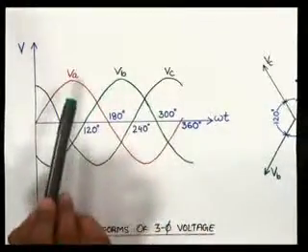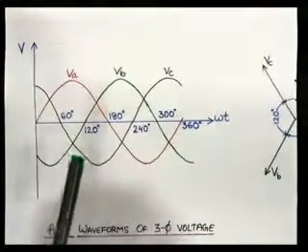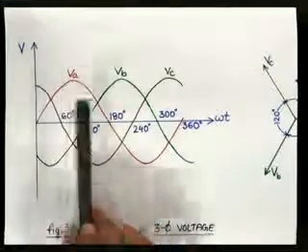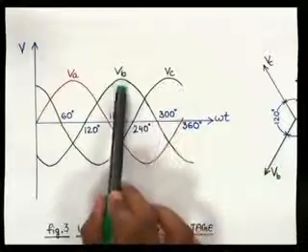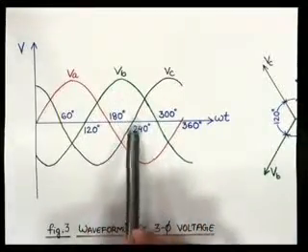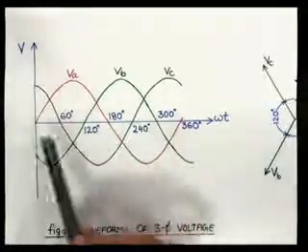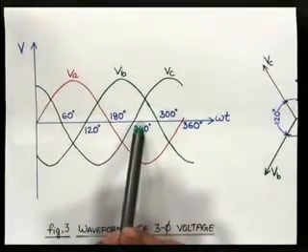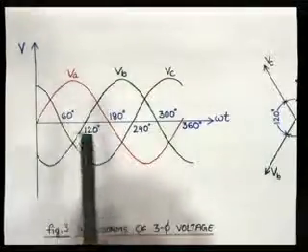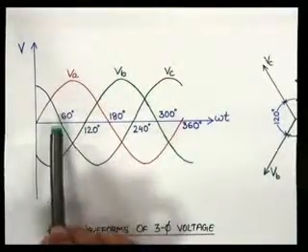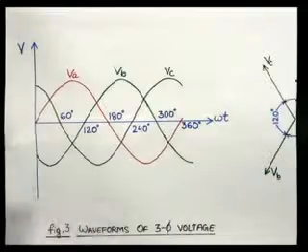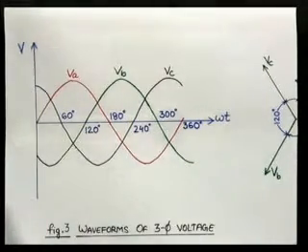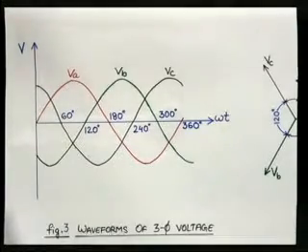So as you can see, your voltage VB is lagging behind VA by 120 degrees, voltage induced in VC is lagging behind VB by 120 degrees, but from VA it is lagging behind by 240 degrees. We always take VA as the reference, and with respect to VA we show the phase displacement, or the angle by which the voltage is lagging in each phase.